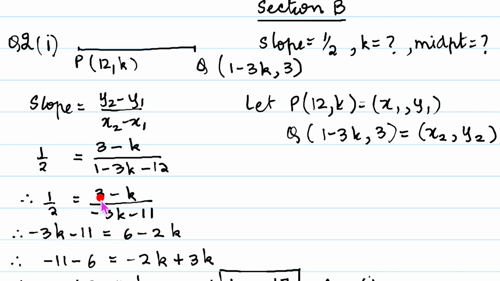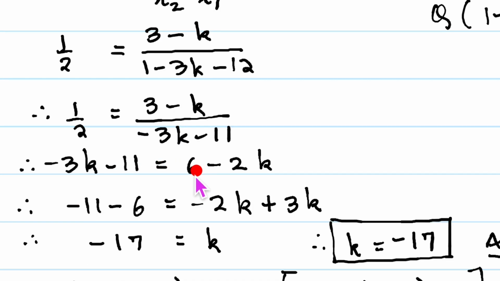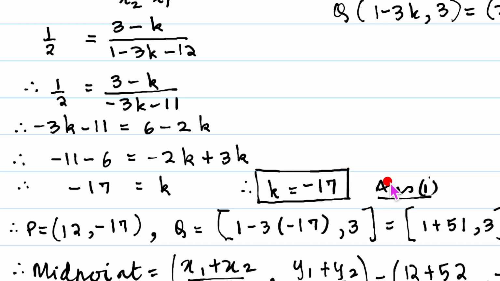And when you multiply by 2, this becomes 6 minus 2K. Let us take all K's one side. So this minus 3K goes that side, it becomes plus 3K. And this 6 comes this side, it becomes minus 6. So minus 11 minus 6, that is minus 17. And 3K minus 2K is K. So K comes out to be minus 17. And that is our answer 1.